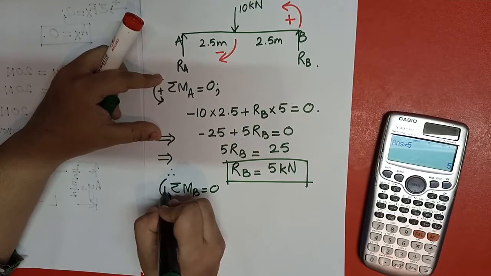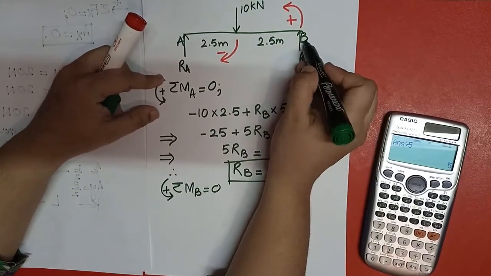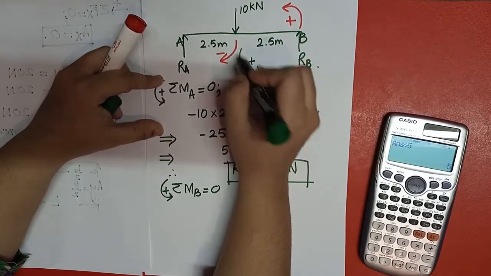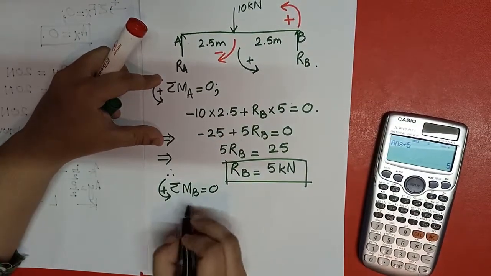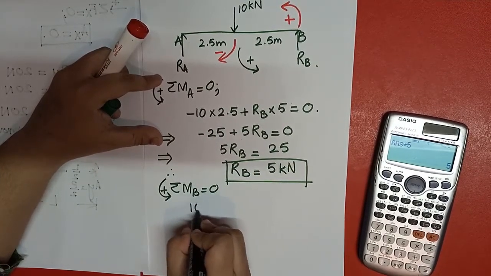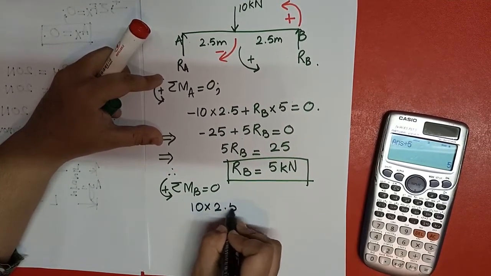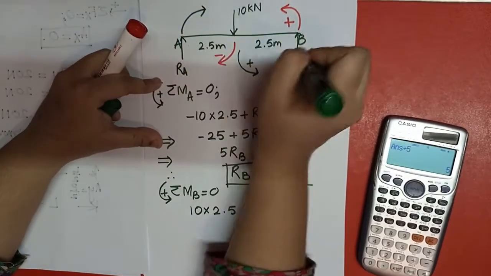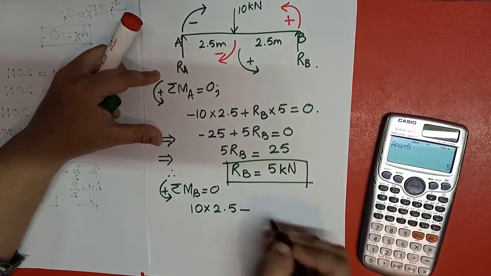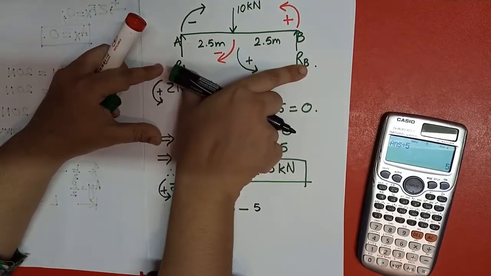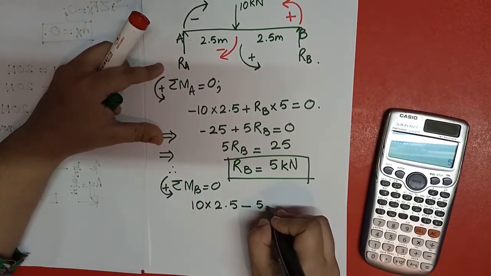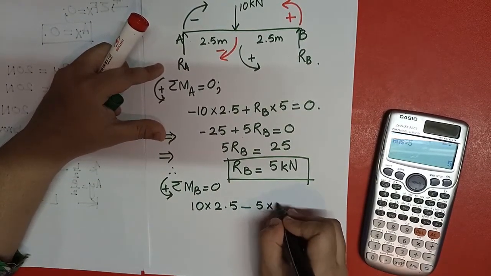This direction is positive, because this force rotates towards B. So it is positive, 10 into 2.5, and this is moving towards B, so this direction should be negative, so it will be minus 5, because the distance from A to B is 5 meters. So minus 5 into RA.